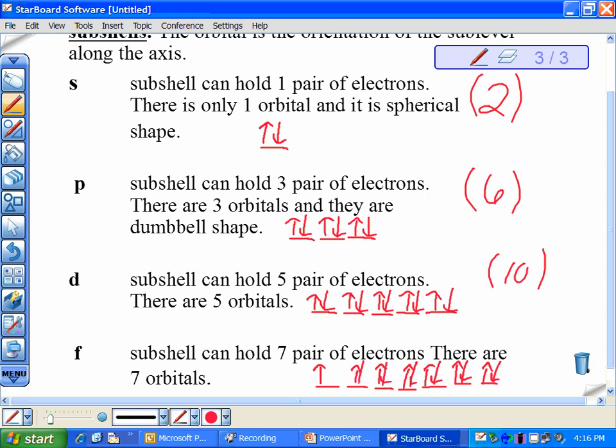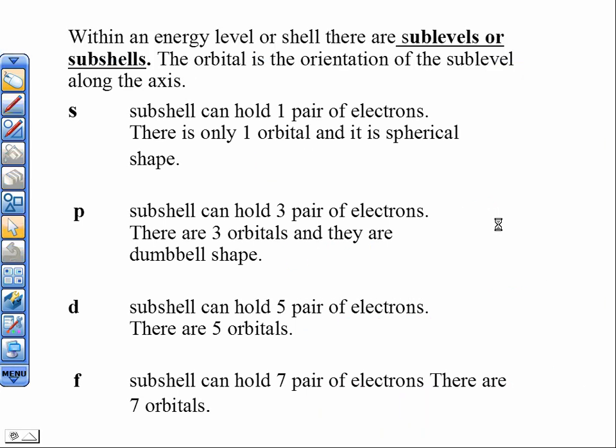And this is the way our arrow diagram is going to kind of look. So this is 14. Okay, so if I say S, you're going to say 2, P is 6, D is 10, and F is 14. And we're talking about electrons. This whole story is about the electrons.